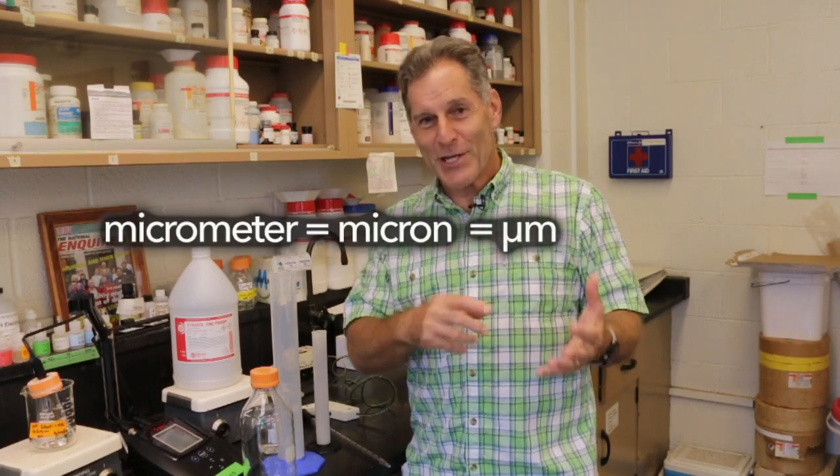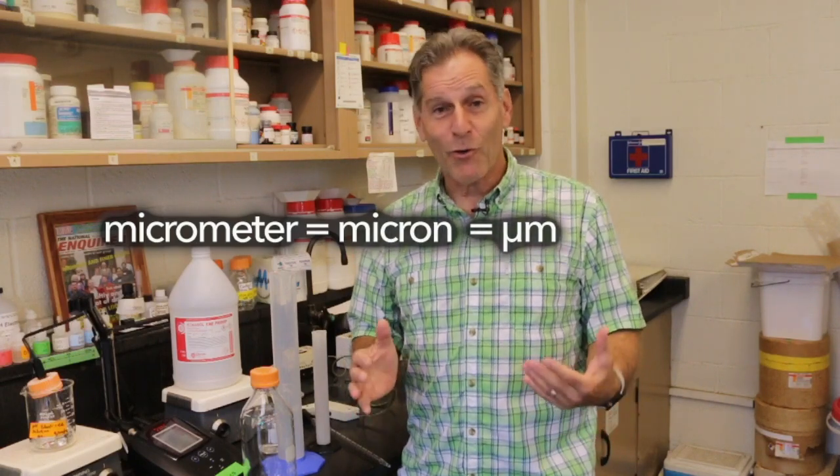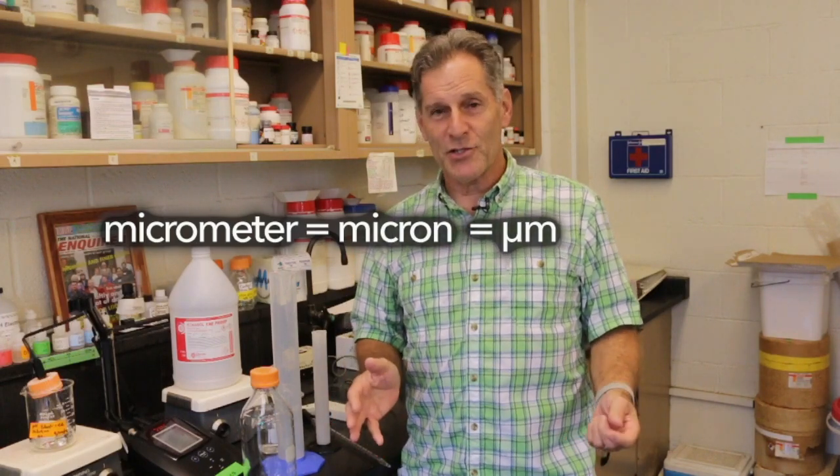That, I guess, is the only flaw I can see in the metric system: the abbreviation for micrometer is the Greek letter mu, which is sometimes hard to find. A thousandth of that is a nano, so it's a nanometer, nm.